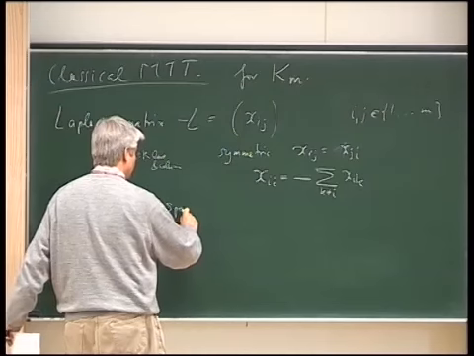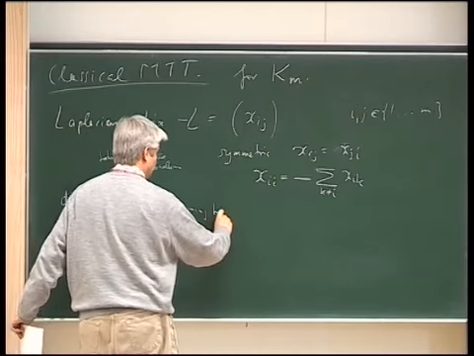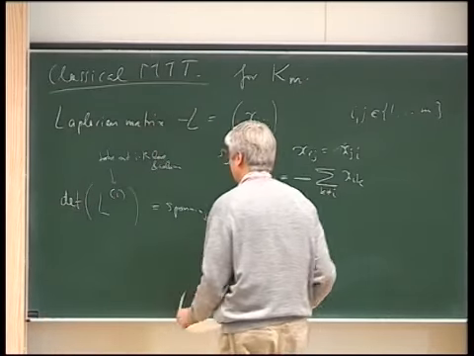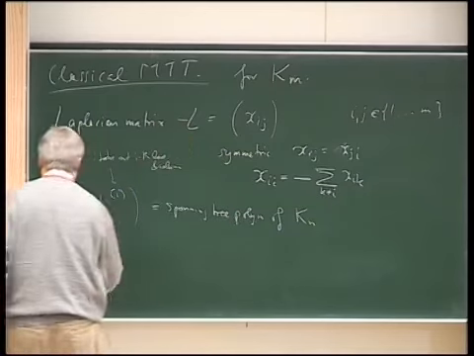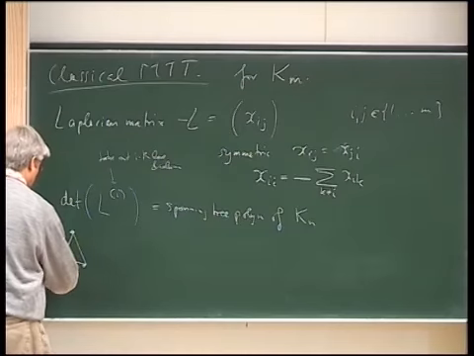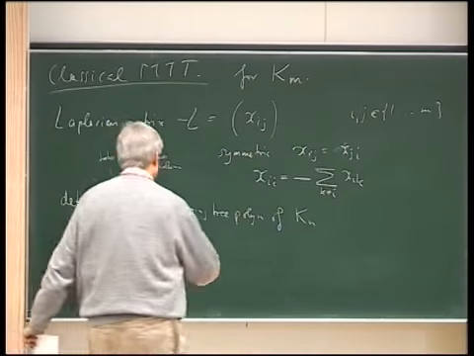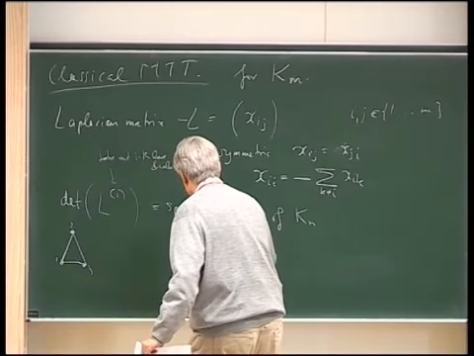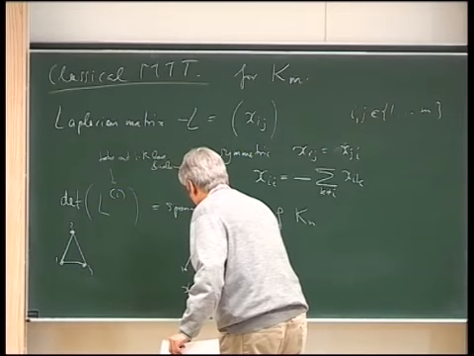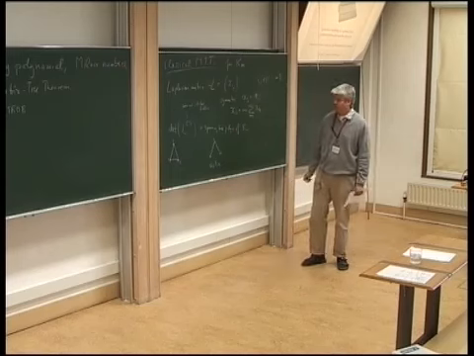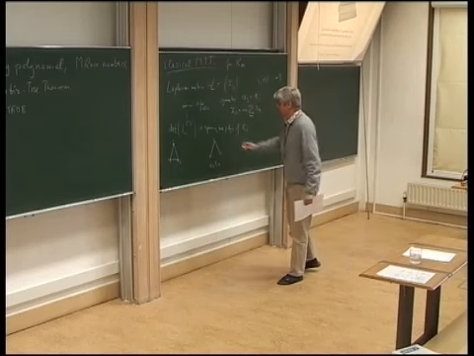So this is the spanning tree polynomial of this Kn. So for example, if we have K3, with vertices 1, 2, 3, then for this spanning tree you would have the monomial x12, x23. Okay? And there are no signs.